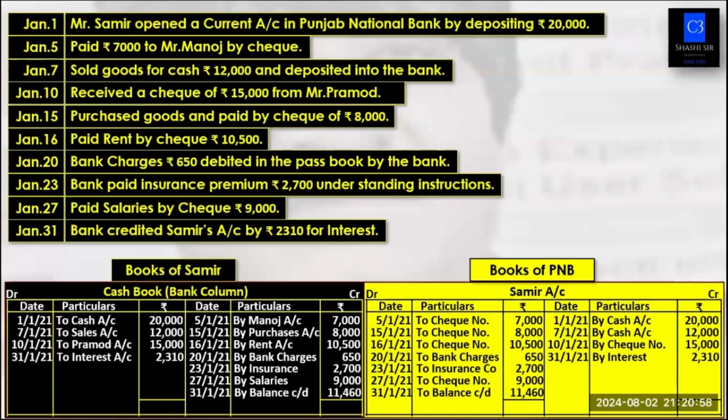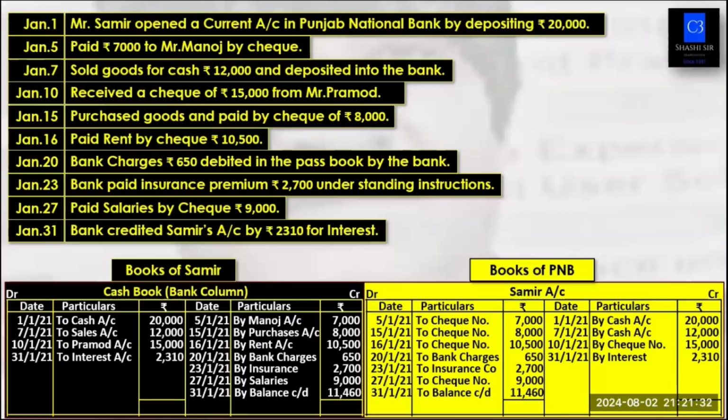But suppose some transactions are left out in the cash book debit side or on the cash book credit side. Bank has recorded some transaction, but we have not recorded it. Or suppose we have recorded some transaction either on the debit or on the credit side, but bank did not record those transactions on the opposite side.